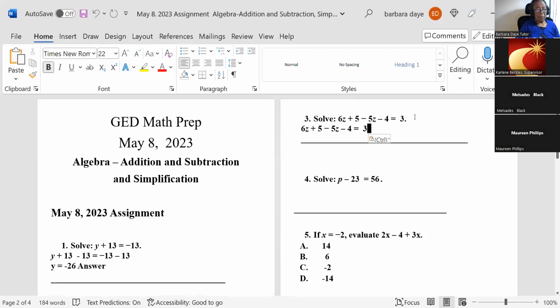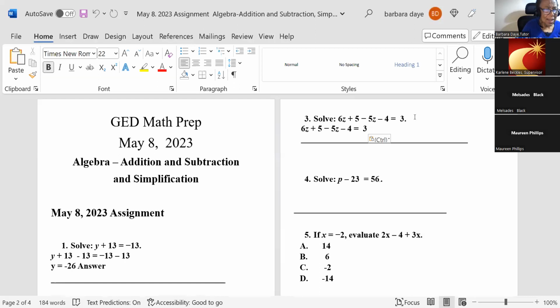Yes, I understood that. But I mean, which one to put, negative or the plus? I know that 6z and 5z go together. My problem was I don't know which sign to put between them.